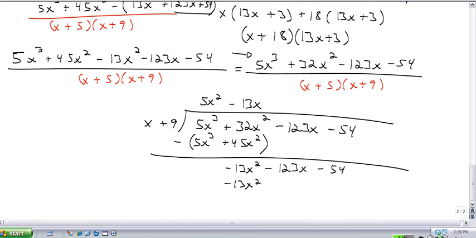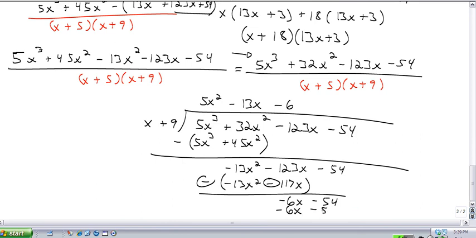So 90 and 27 is 117. So minus 117x. Mental math. Okay, minusing a negative is like adding a positive. So negative 123 and positive 117 is negative 6. Oh, I think we picked the right one. Okay, so minus 6x minus 54. So we do get a remainder of 0. Yes, x plus 9 goes into it.